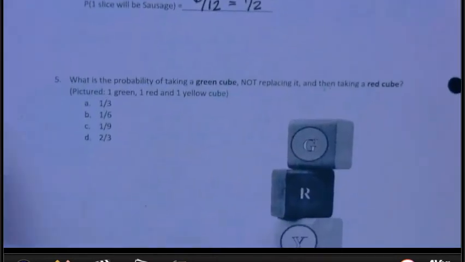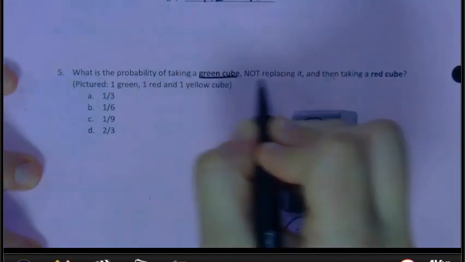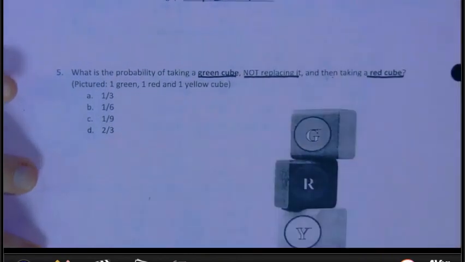All right. What is the probability that you will take a green cube, not replace it, and then take a red cube? All right. So a green cube, not replace it, and then taking a red cube. Okay.